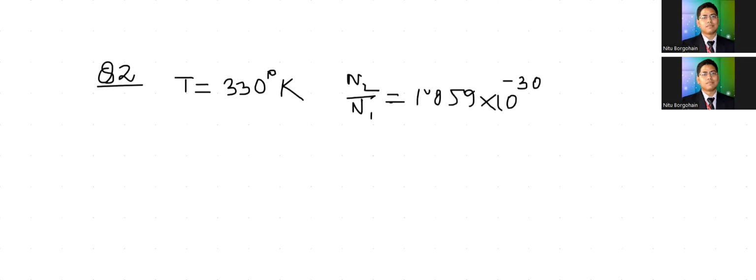So there are two states, state 1 and state 2, out of which one is a metastable state. So N2 and N1 are given, temperature is given, and we need to find the wavelength. The wavelength is not given, so from the same expression we can find it.